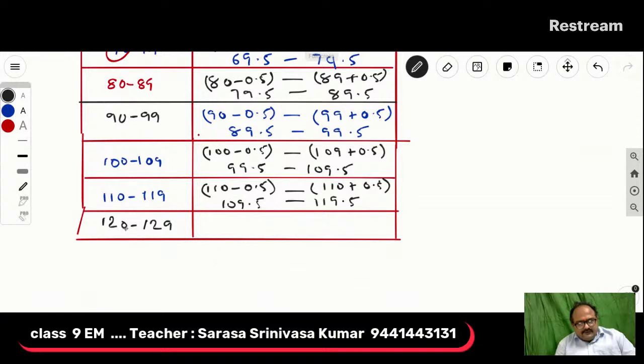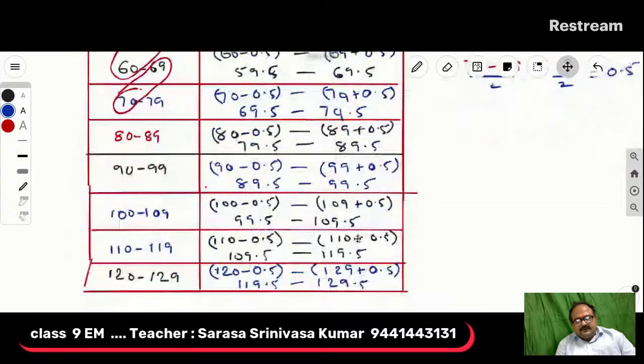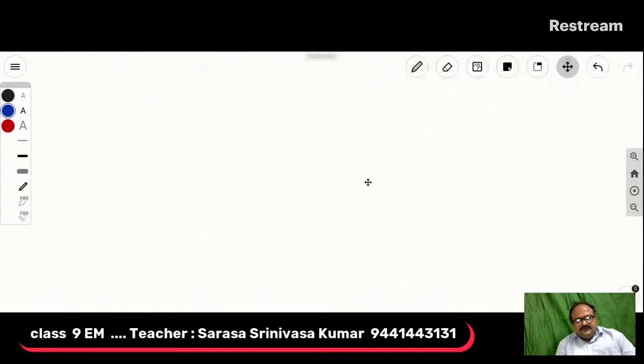Next, we can write 120 to 129. This can be written as 120 minus 0.5 to 129 plus 0.5. So this becomes 119.5 to 129.5. So I have written all these steps. Now let us see how to prepare this table.